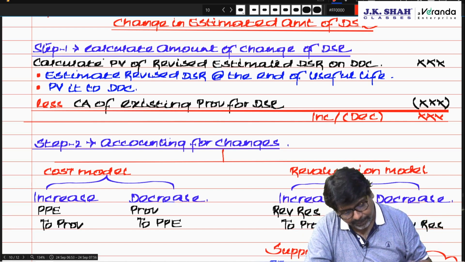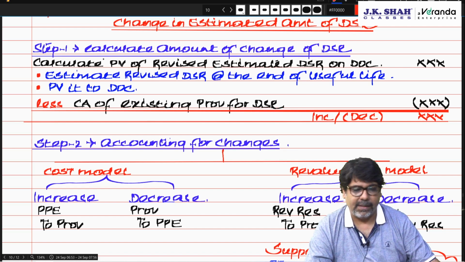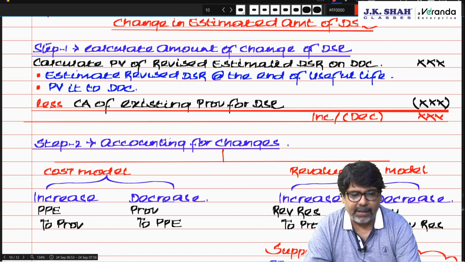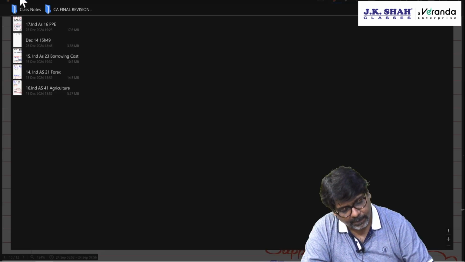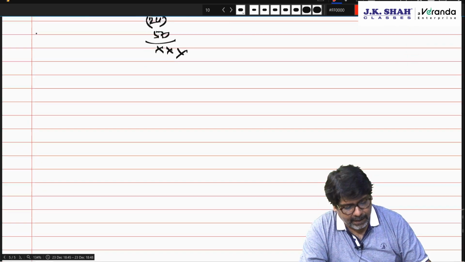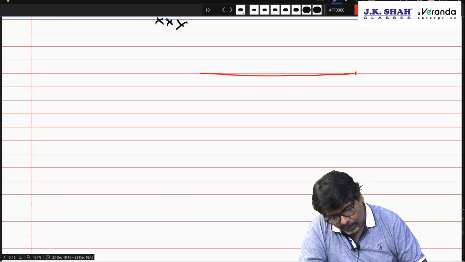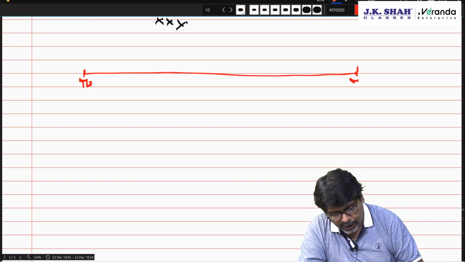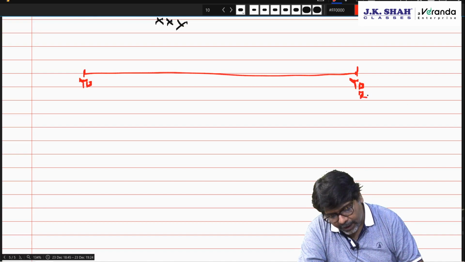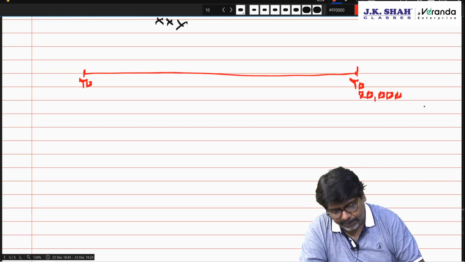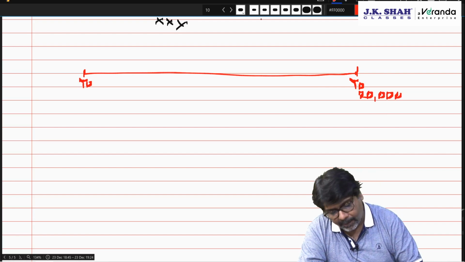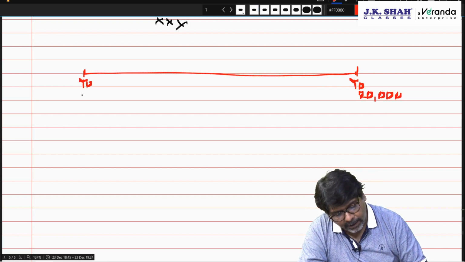Now, in this case chartered, let us understand. Suppose life of the asset, year 0 to year 10. Over the years we had thought we will spend 20,000. So we found out its present value, 5,000.